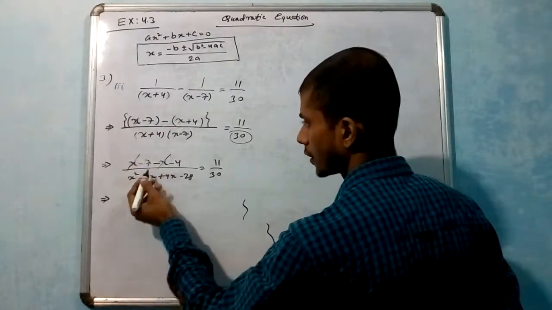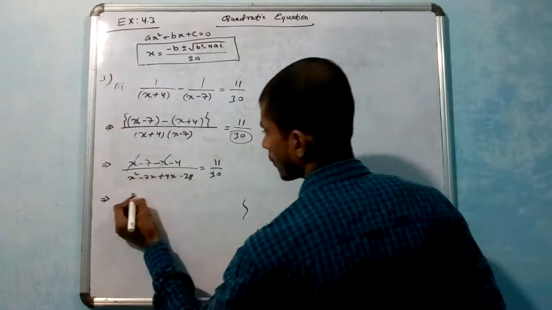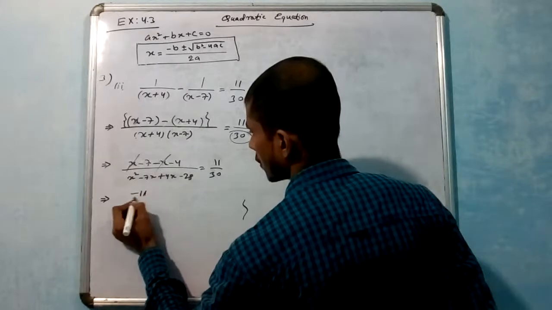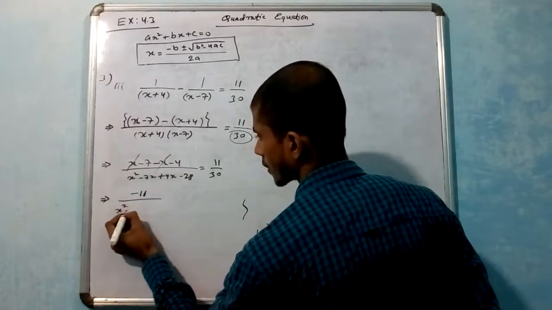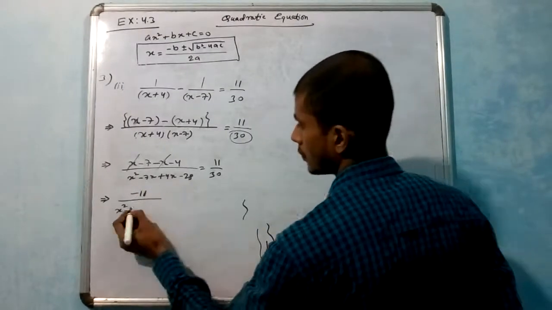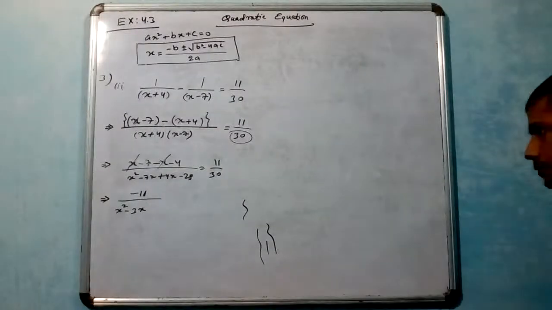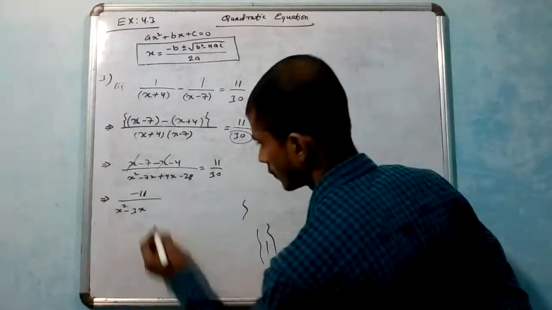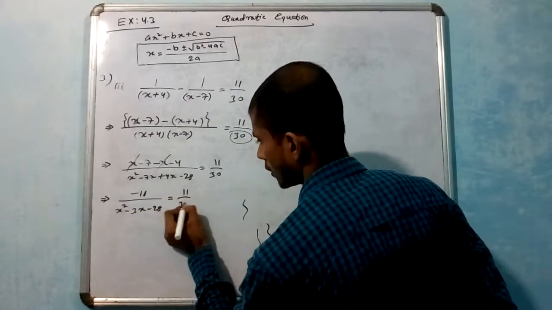After that what? Minus 7, minus 4, how much? Minus 11. Minus 11 by, now see, x square minus how much? Then minus 28 is equal to 11 by 30.